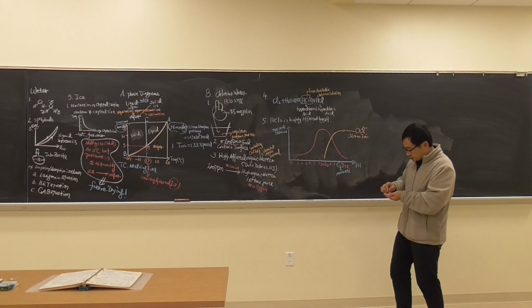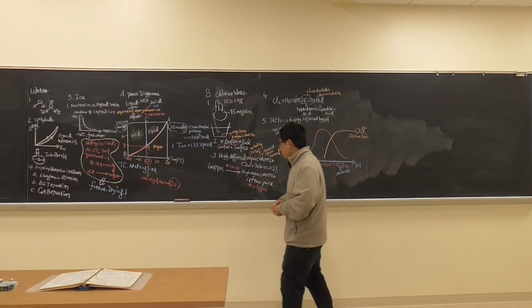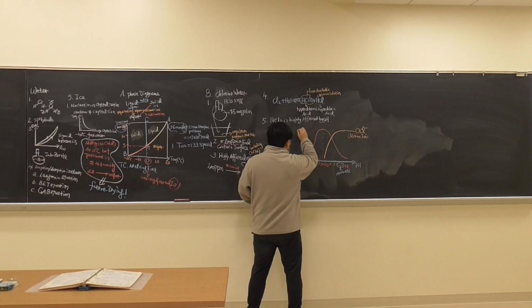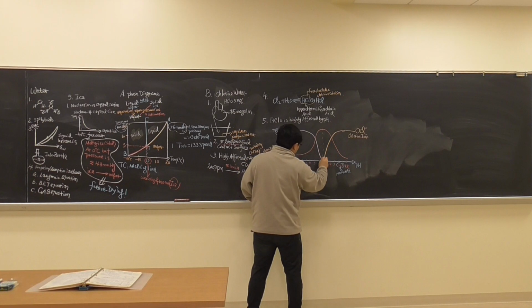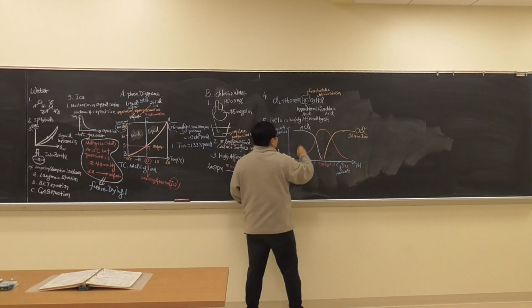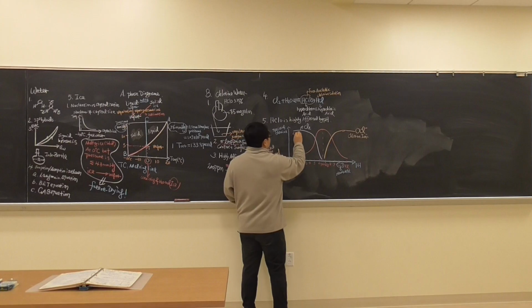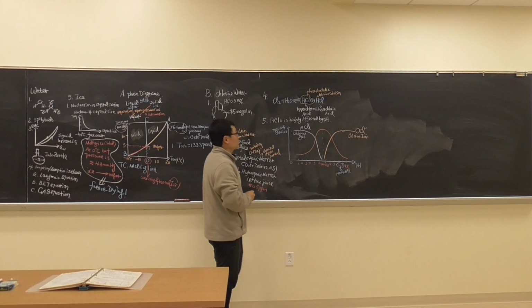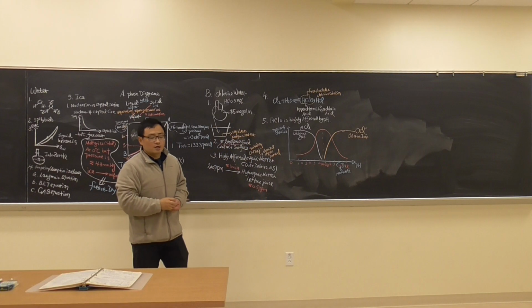Then once the pH decreases, the curve goes in the other direction. This curve is chlorine gas. So here is chlorine gas.